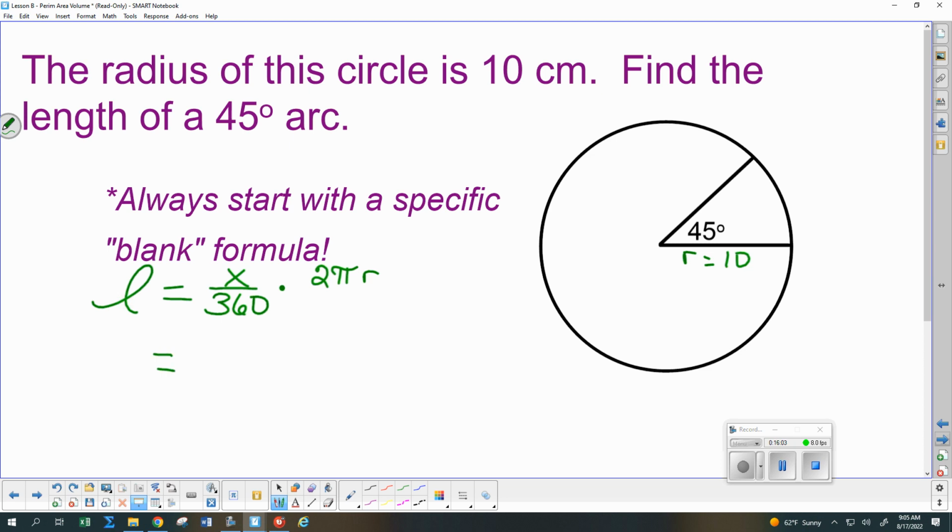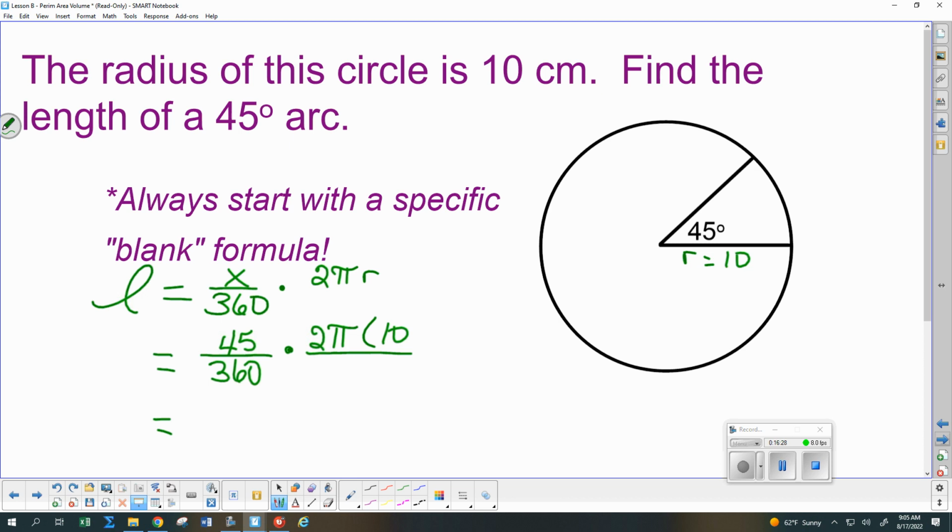Then I plug in numbers I know. How many degrees out of 360 am I looking for? So my fraction is 45 over 360 times 2 times pi, and my radius is 10. I need to simplify everything except for the pi.